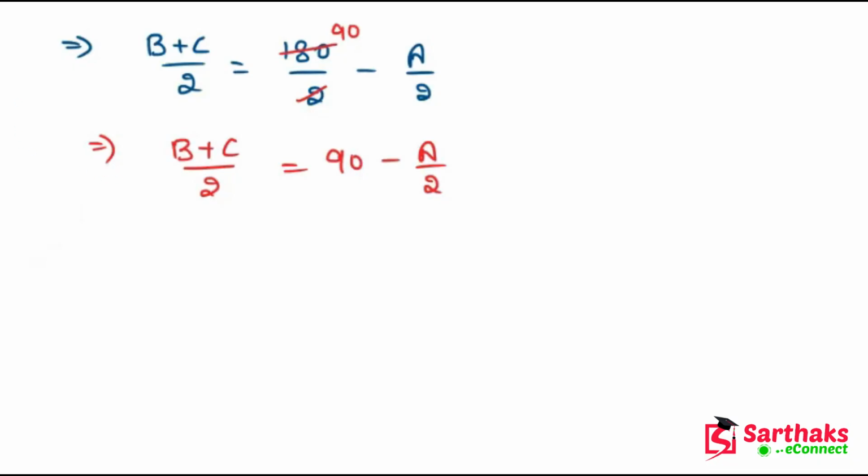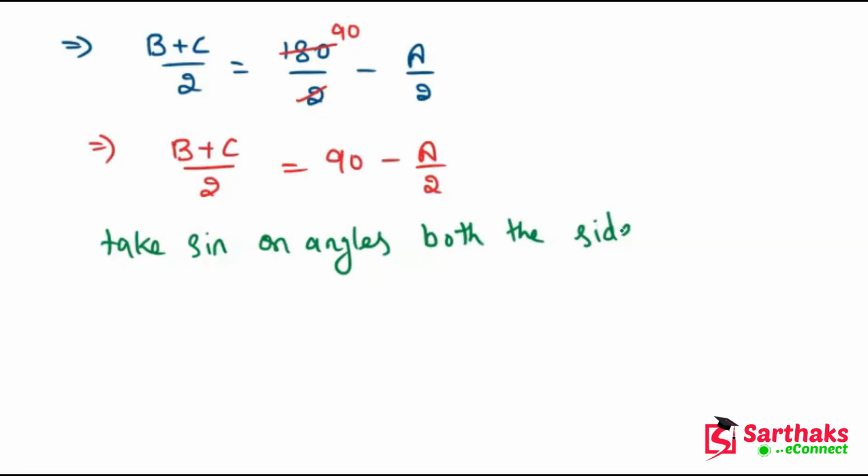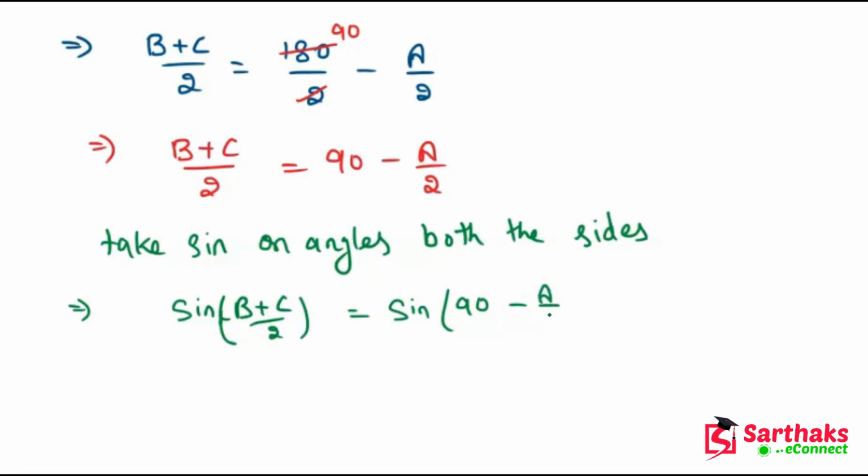Now take sine of the angles on both sides. So this becomes sin of (B plus C) divided by 2 is equal to sin (90 minus A upon 2).